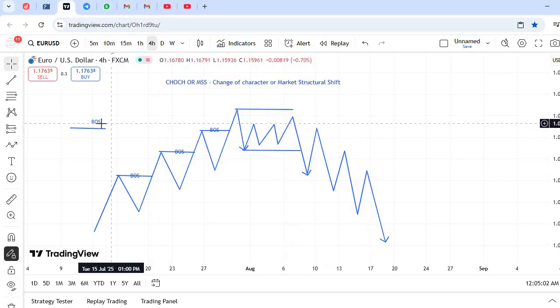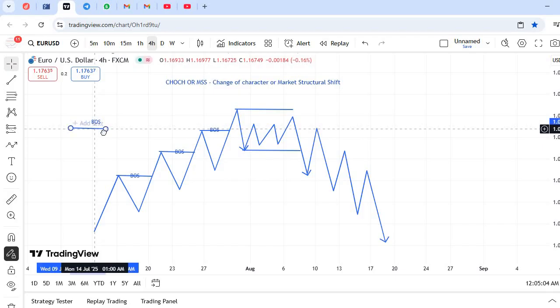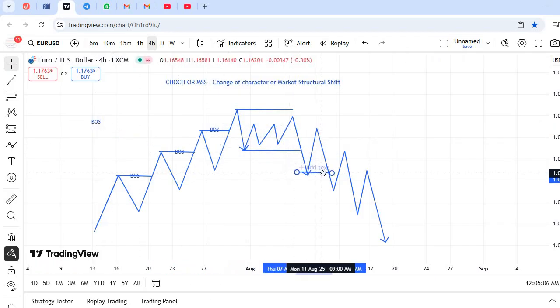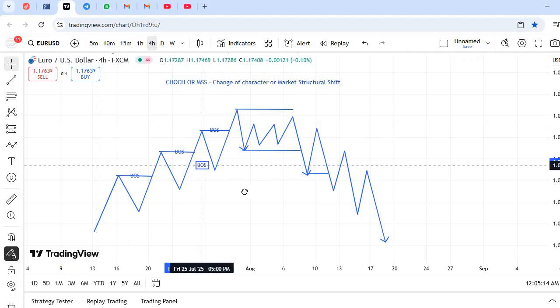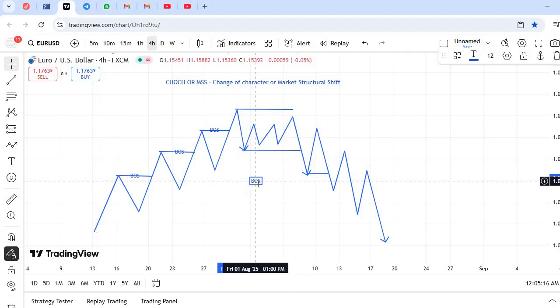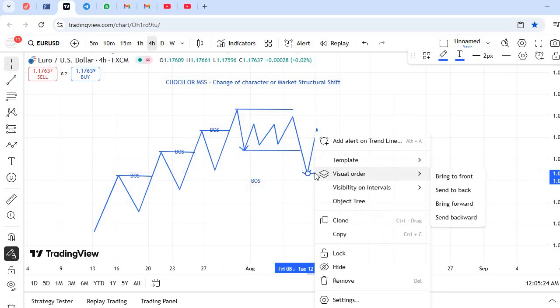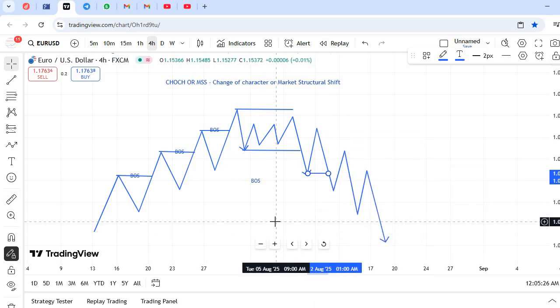So what we want to do is identify the break of structure here. This is the first break of structure here.